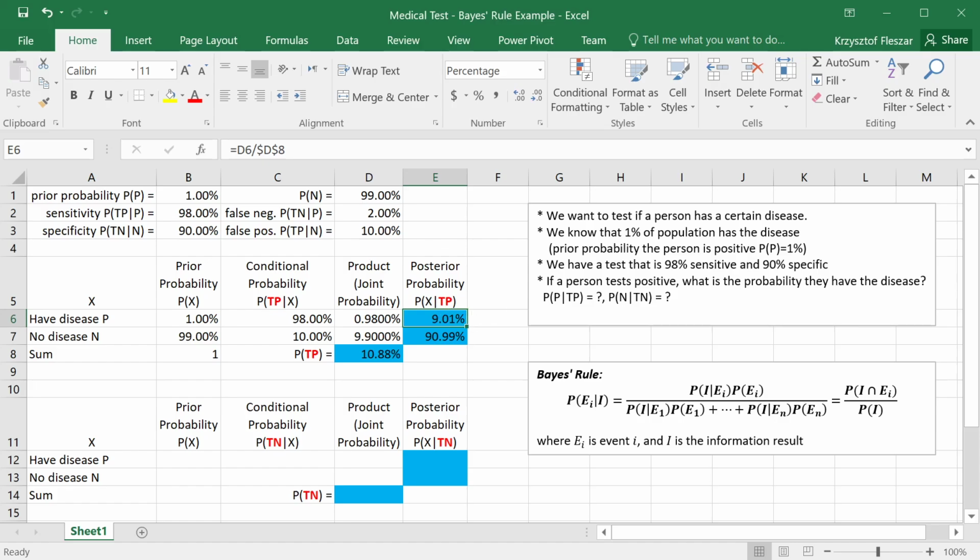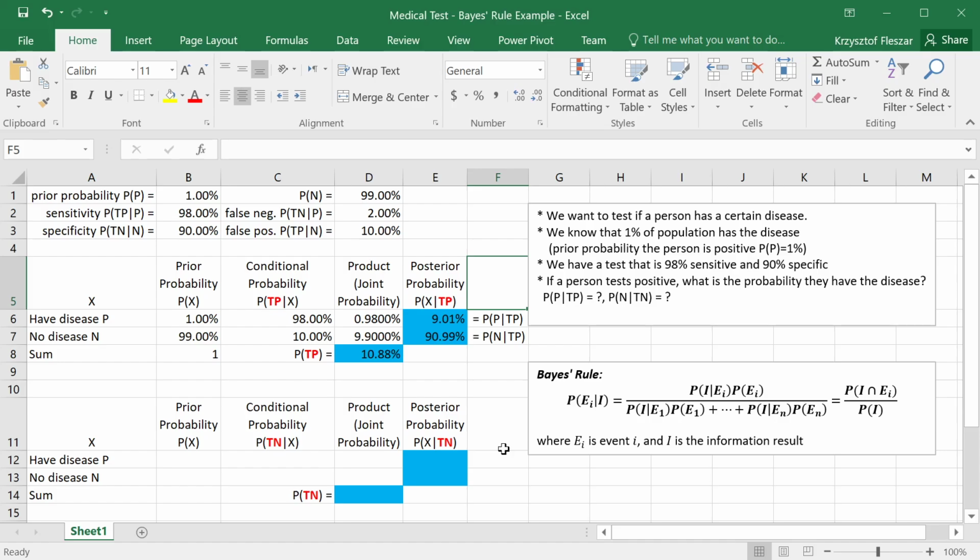This top one is this probability: the probability the person has the disease given that they test positive. And this will be the probability that the person doesn't have the disease given that they tested positive.